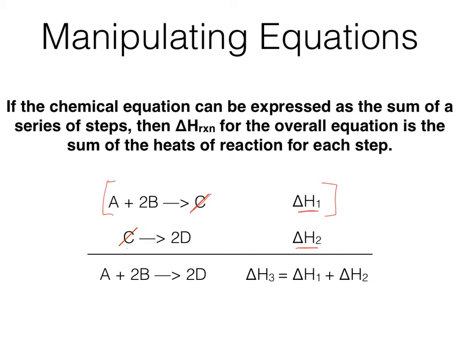Since I have C as both a product and a reactant, whenever I add these together, they're going to cancel out. So my overall reaction is A plus 2B yields 2D, and I can find the enthalpy of this reaction by adding together the enthalpies of the individual reactions.